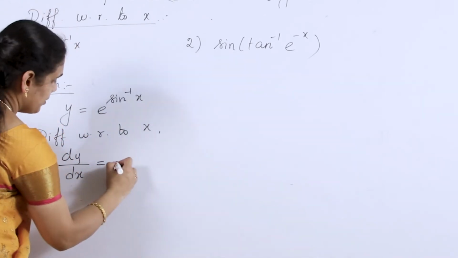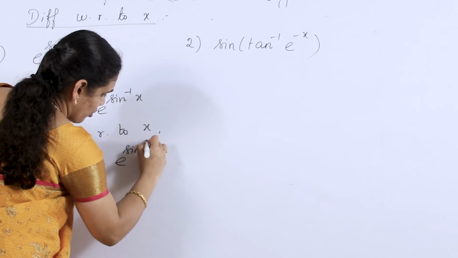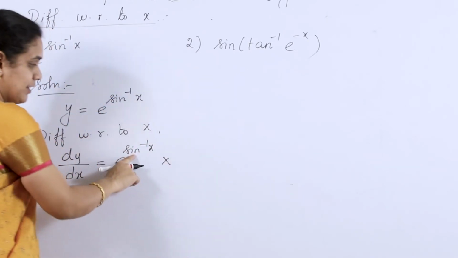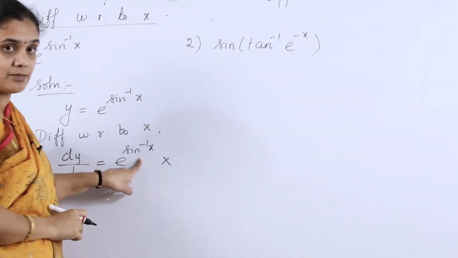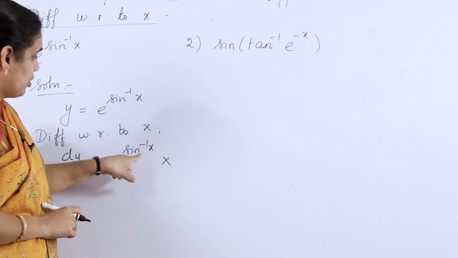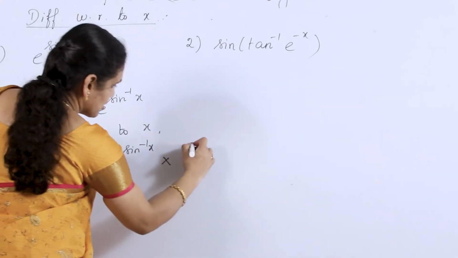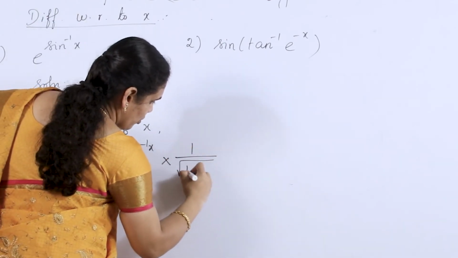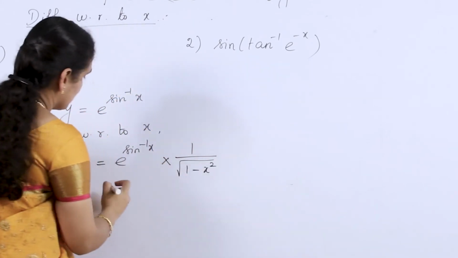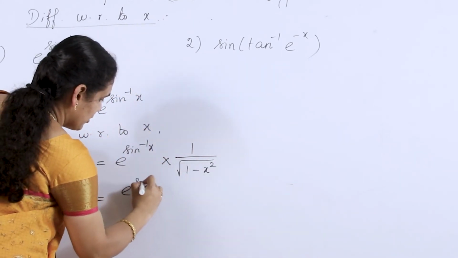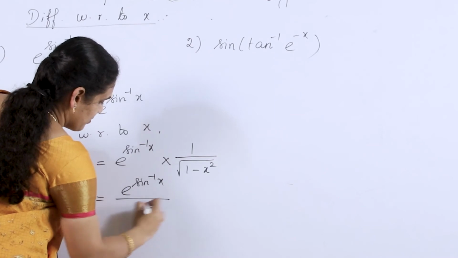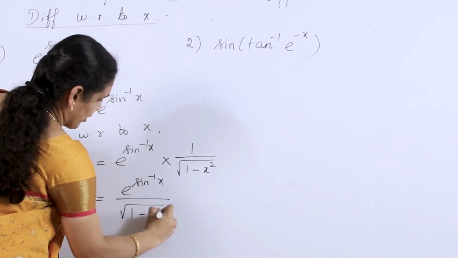So it will be e to the power sine inverse of x into the derivative of sine inverse of x, by the chain rule. What is the derivative of sine inverse of x? 1 by root over 1 minus x square. That's all. This is the answer: e to the power sine inverse of x divided by root over 1 minus x square.